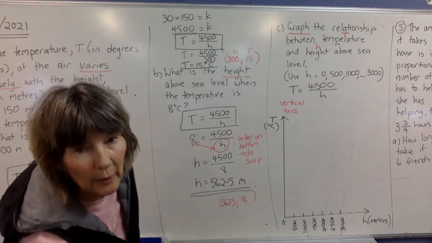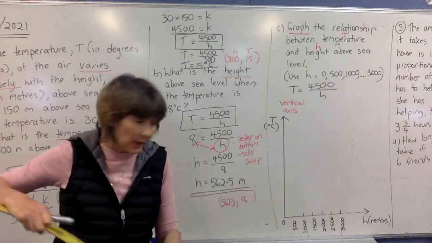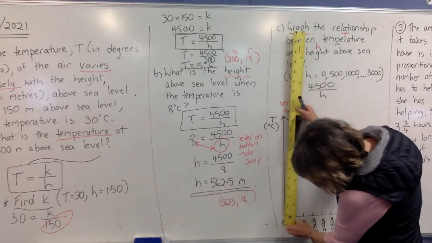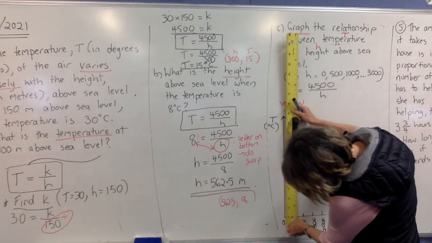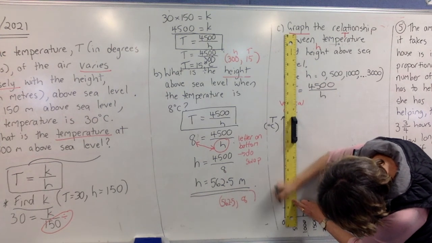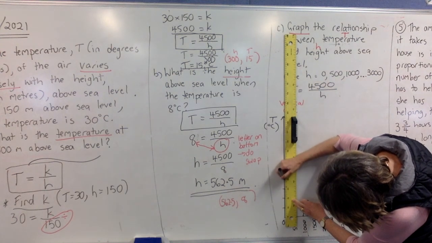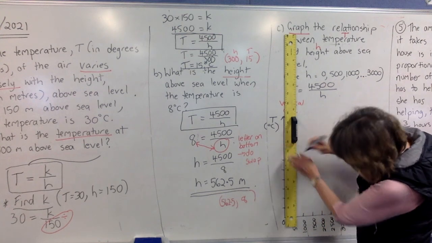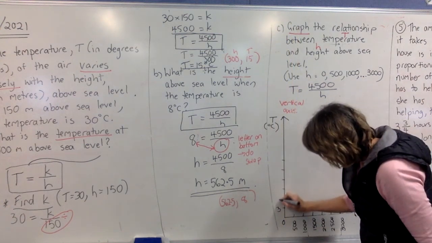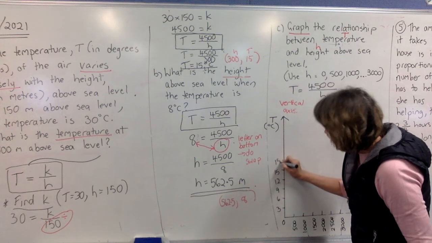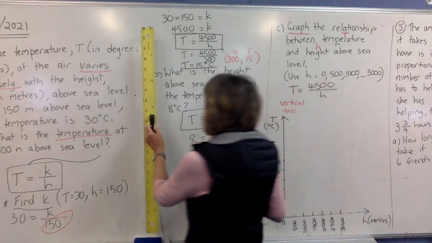So we're not going up very high in temperatures, are we? So we know we've got to go up to at least 15 here. So I might just go up in 3s maybe. That'll be 15 there. I might go a bit further and just see how we're going. So I'm deciding to go up in 3s for the time being. But I'm leaving some space above it in case we need it.